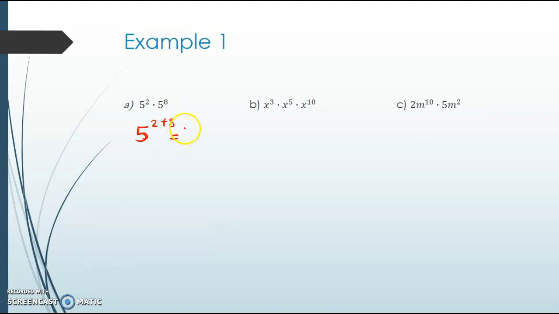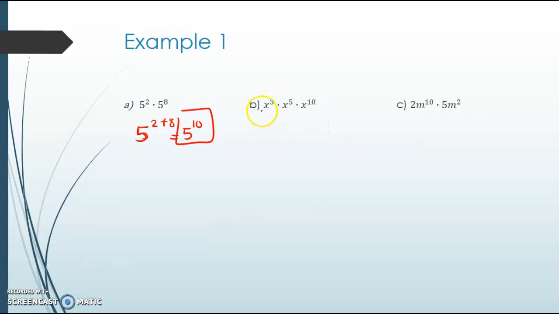So then I end up with 5 to the 10th. And as much as you are going to hate this, I want that step. Show me 5 to the 2 plus 8. And later, we can take that out. But for now, especially when this is your problem, you can show me 2 plus 8. It really isn't that hard. But 5 to the 10th is our answer, and we're done.